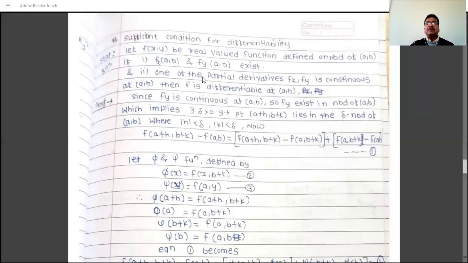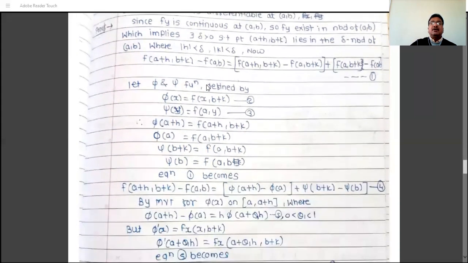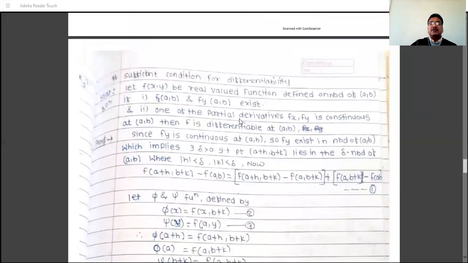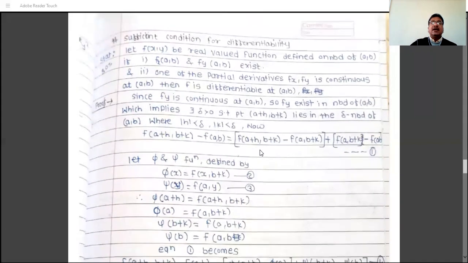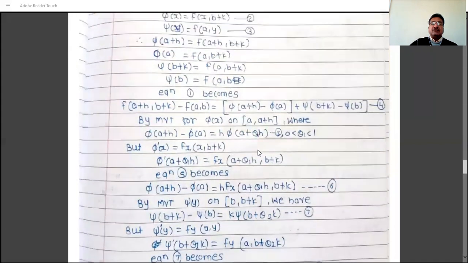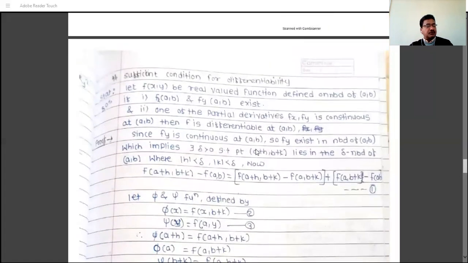So this is the sufficient condition. But we cannot use this sufficient condition in order to show the function is differentiable at a point. Actually, the sufficient conditions are useful to show that functions are differentiable.